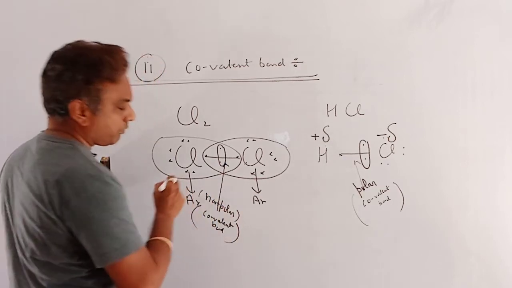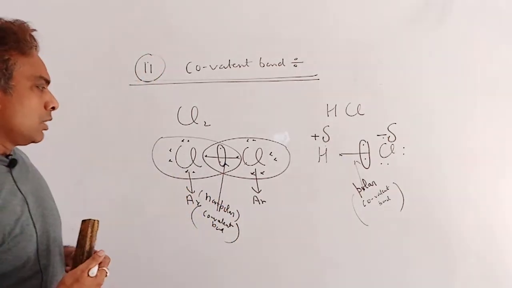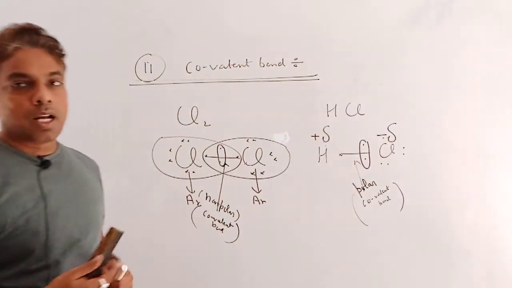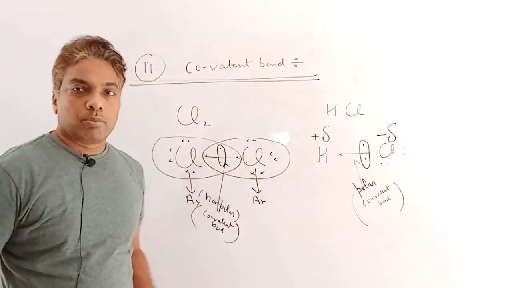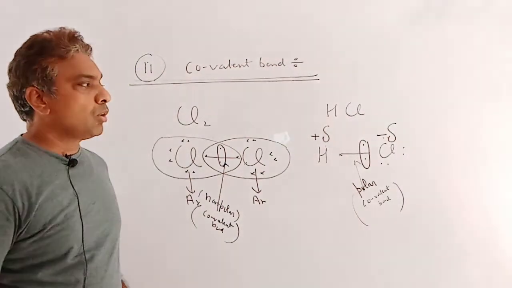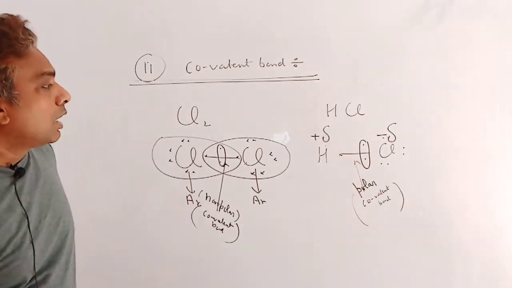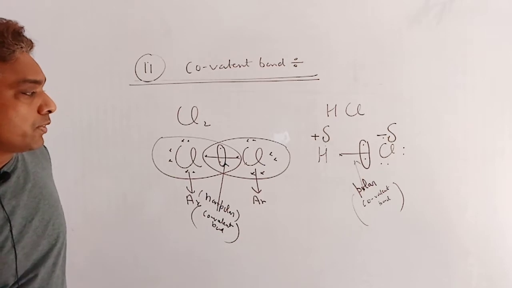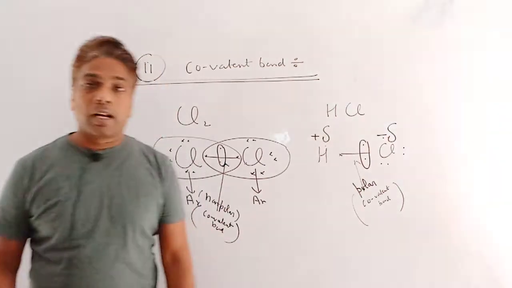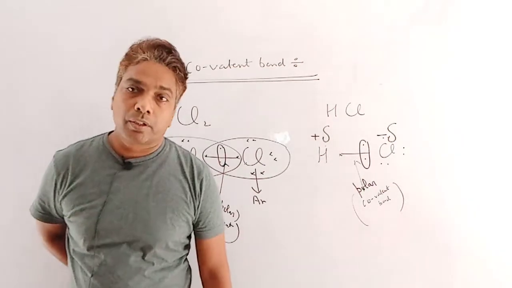Clear? So non-polar covalent bond as well as polar covalent bond. So covalent bonds, according to the difference of electronegativity, are of two types. First is polar and another is non-polar.